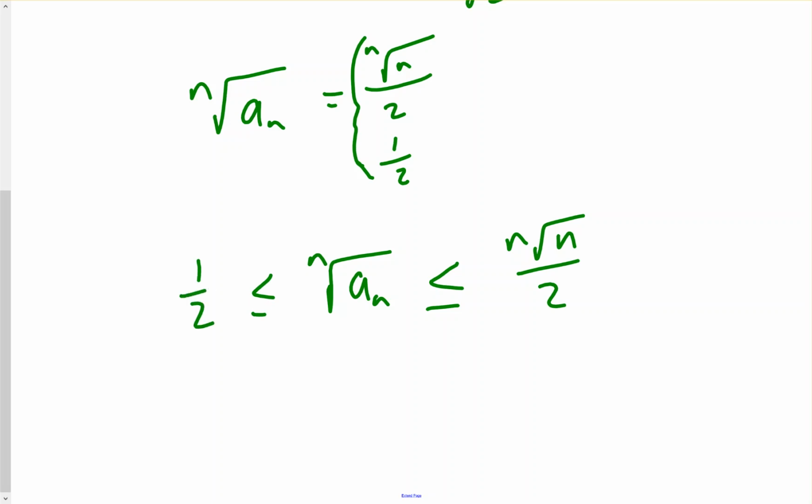And then what we say is, since the limit of the nth root of n goes to 1, if we have the limit as n goes to infinity of the nth root of a_n, this will be equal to 1/2.